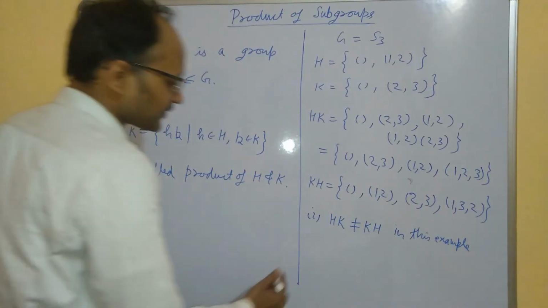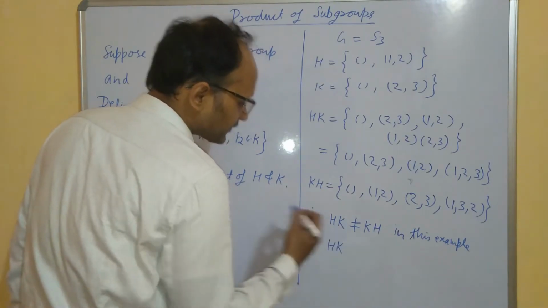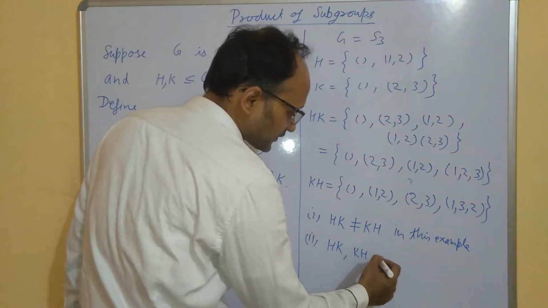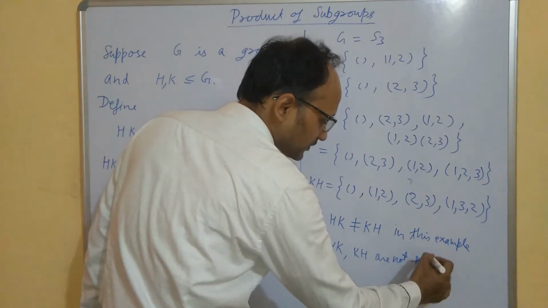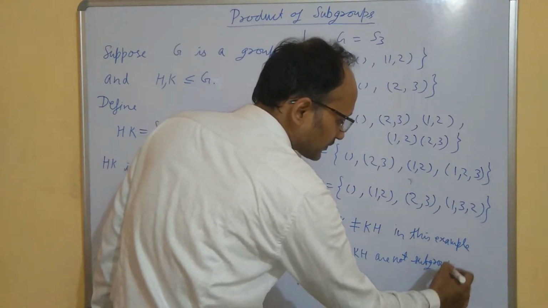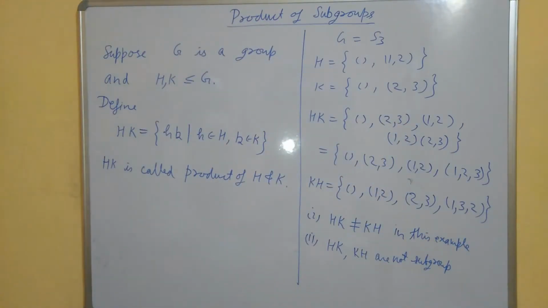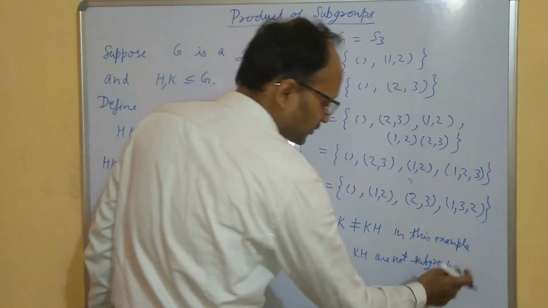Second thing is that HK or KH are not subgroups. The order of this set is 4 and there is no subgroup of order 4 inside S3, because by Lagrange's theorem the order of a subgroup should divide the order of the group. So it is not a subgroup. Similarly KH is also not a subgroup. So HK and KH are not subgroups.